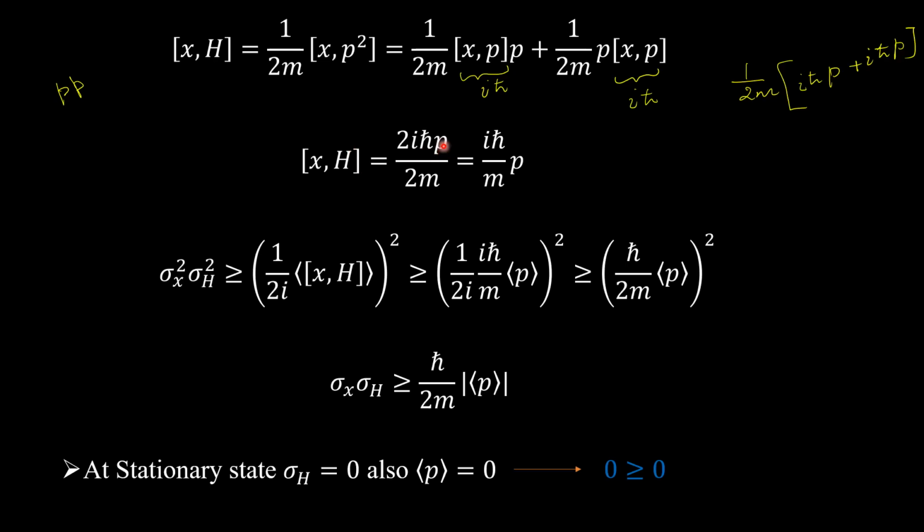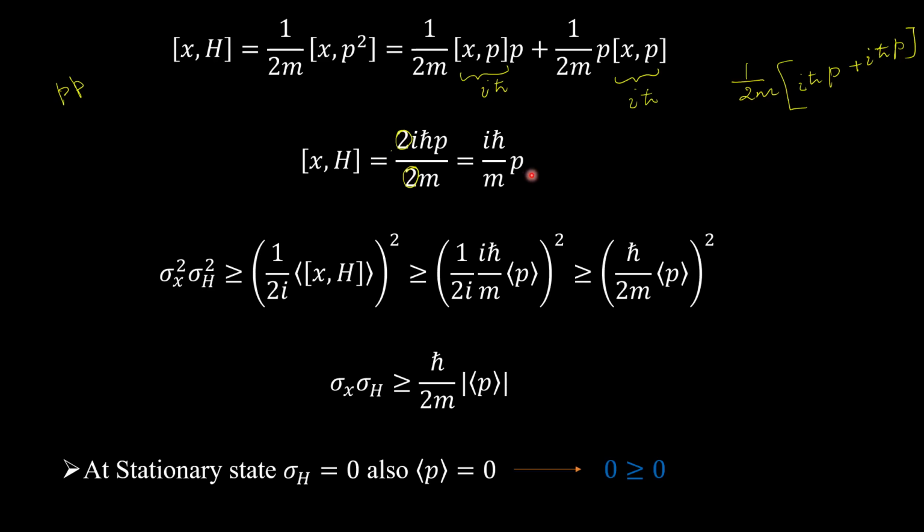So here the 2 will get cancelled. So the commutator of x with H is equal to, in the numerator you have i h cross, in the denominator you have m. Of course, in the numerator you have p also.